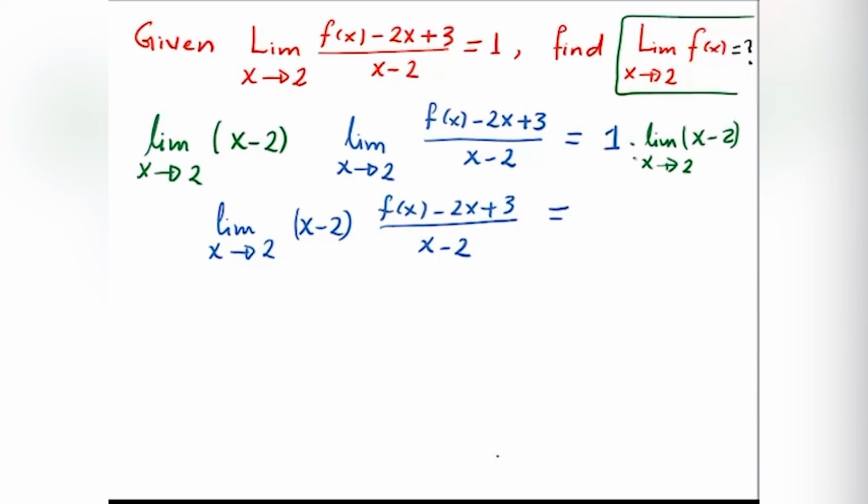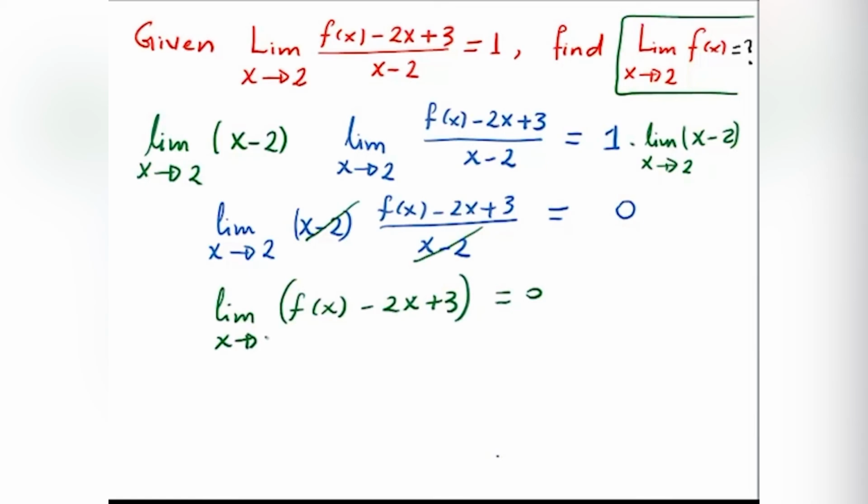And the limit of the right hand side will be just 1 times 0, which is 0. Very simple. And the interesting thing here is x minus 2 cancels out with x minus 2, leaving the limit of f of x minus 2x plus 3 equals 0 as x goes to 2.